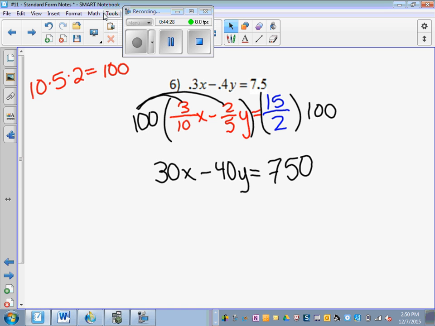Let me show you the easier way. There's something else without even having converted these decimals. How many decimal places do I have in each of those? 0.3, how many numbers are in my decimal? 1. 0.4, 1. 7.5, 1.